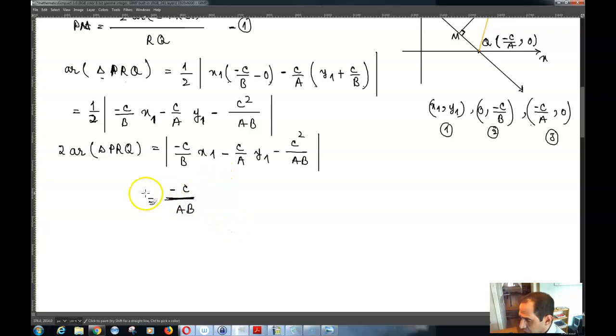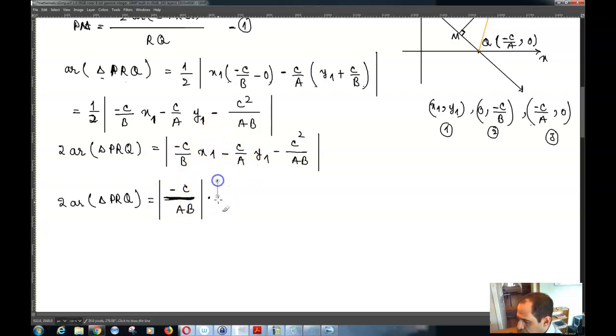So I can write 2 times area of triangle PRQ is equal to the absolute value of this. Since I took it out of the absolute value, I put it back in an absolute value so that I'll have no problem if I do anything with the equation.